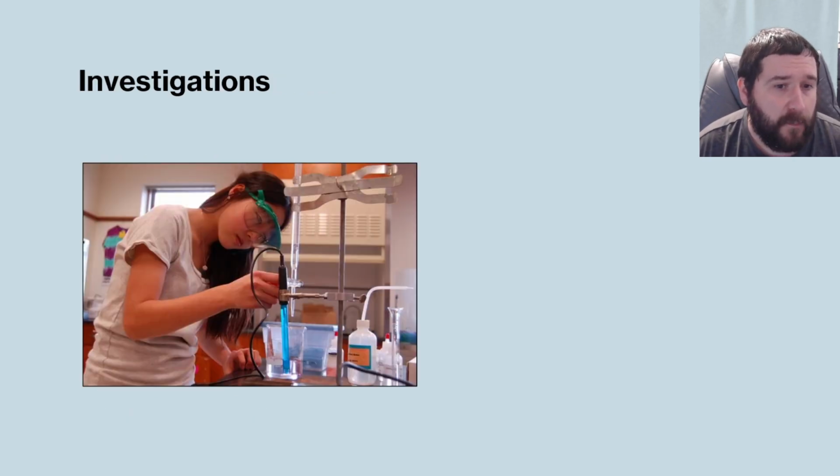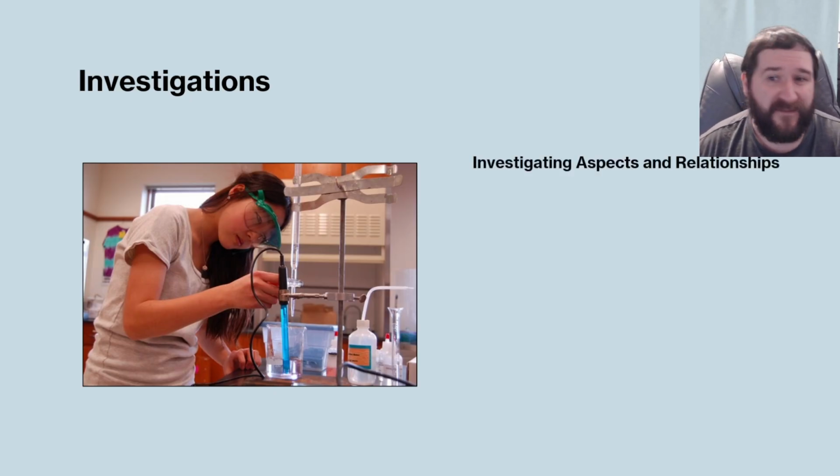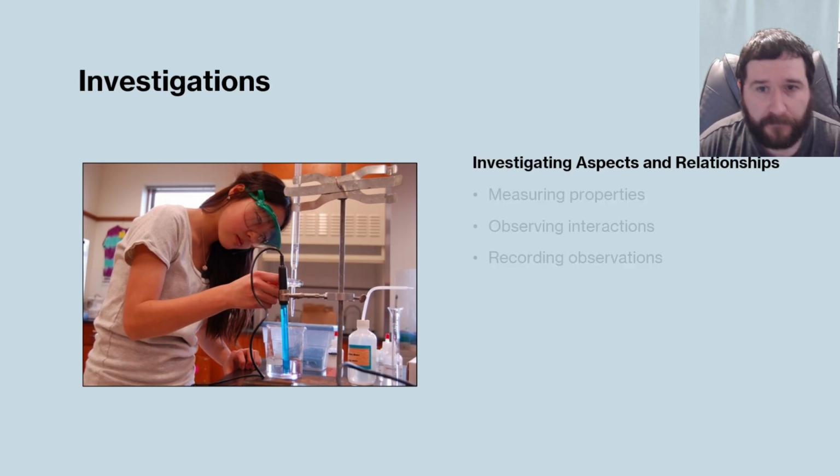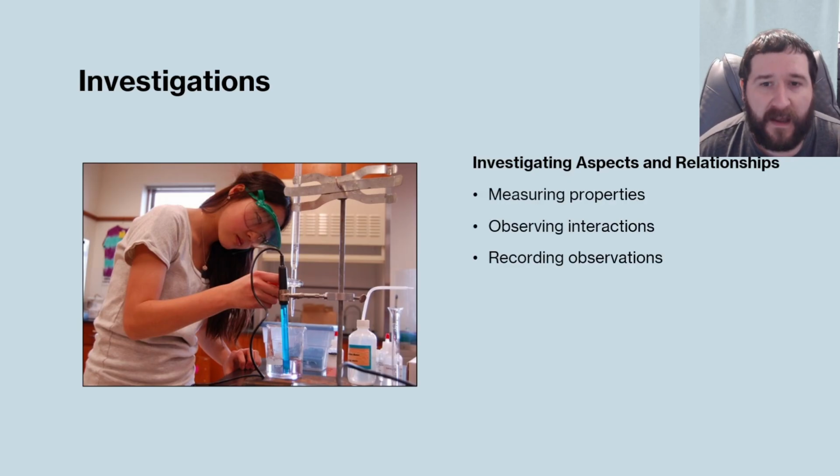Another way to incorporate real-world objects and hands-on materials is through investigations. Okay, teaching students to investigate aspects and relationships of these different objects. This can be done by measuring things, by observing interactions, and of course, recording those observations.